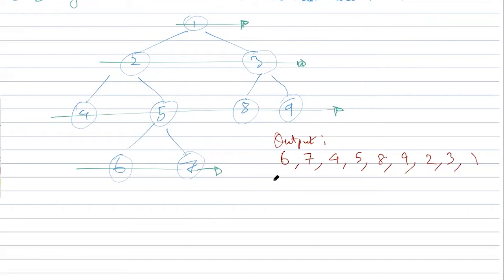What kind of traversal does this remind you of? Post-order traversal? Post-order, you said? So post-order traversal is what? Post-order is left, right, and then root, right?